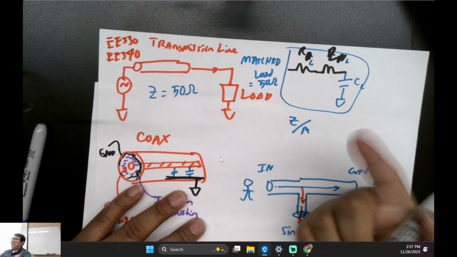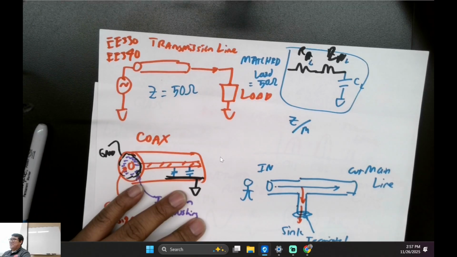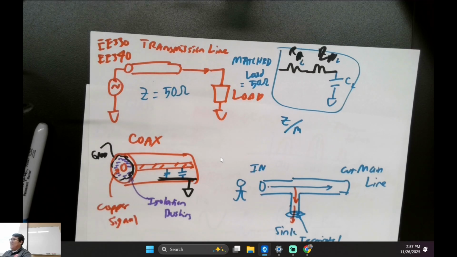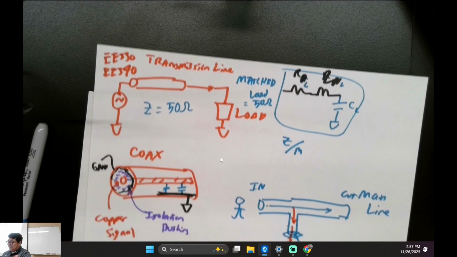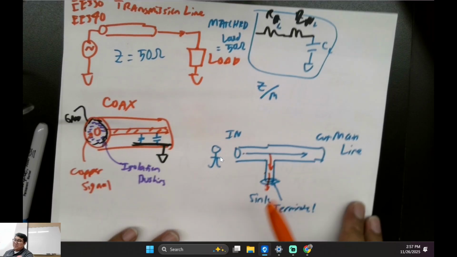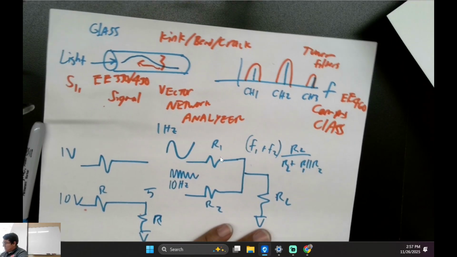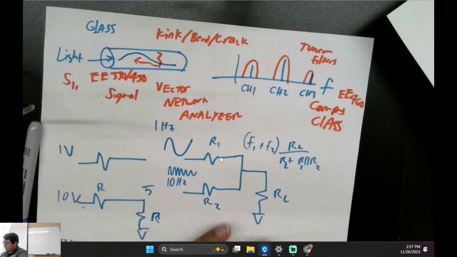You have real power, you have reactive power, which is volt amps or VARs. So it becomes a pain. And then material sciences, and a special PCB class if you wanted to take that. Which is page 3.